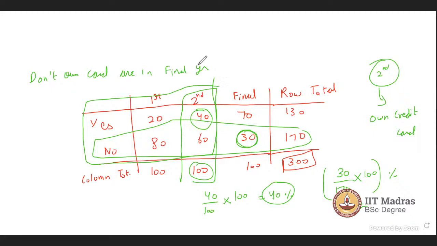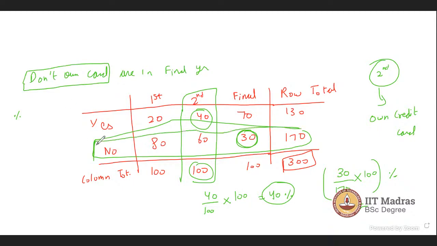Okay, sir. So in this question, why is it 30 upon 170? Okay, because I want to know the percentage of students who do not own a credit card, right? So first I have to look at the people who don't own a credit card, so this row, and then I have to find those in final year.